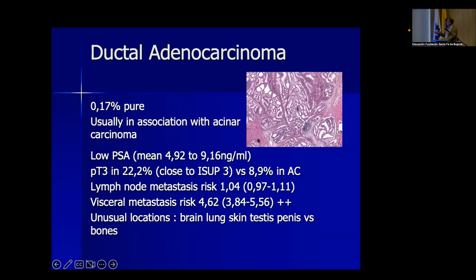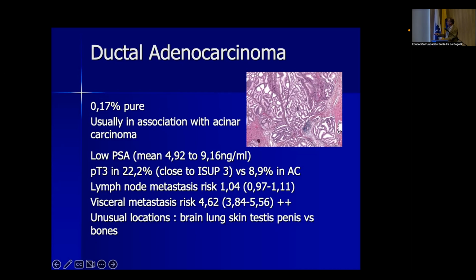As a pure form, the ductal carcinoma is quite rare, but it's usually associated with acinar carcinoma. And in case of presence of ductal carcinoma, we have some interesting clinical information. The PSA is usually lower than in acinar carcinoma. The extraprostatic extension is quite a bit more frequent than in classical acinar cancer.